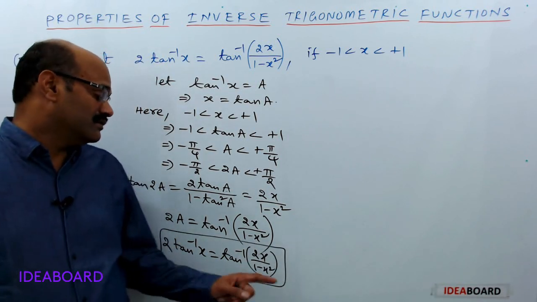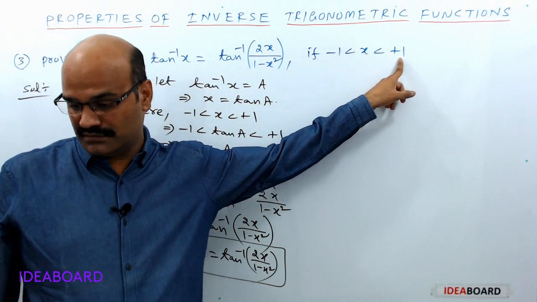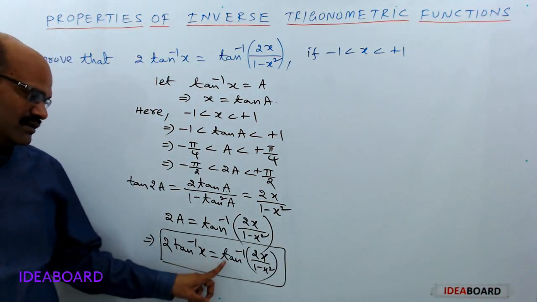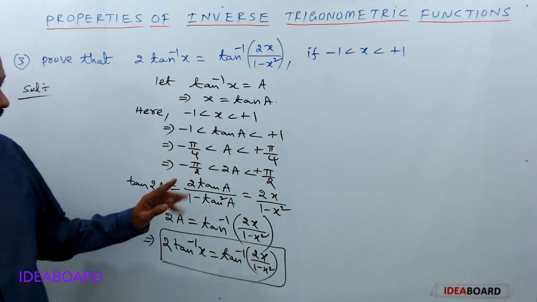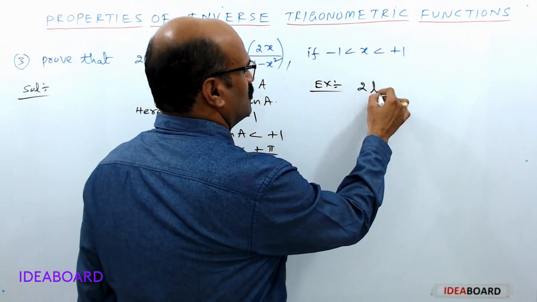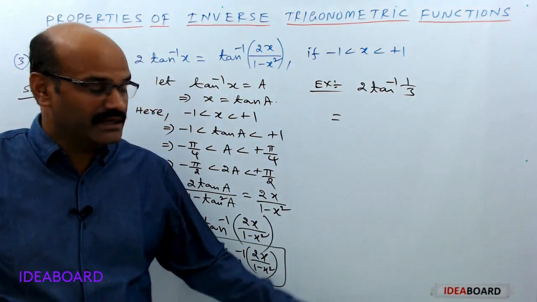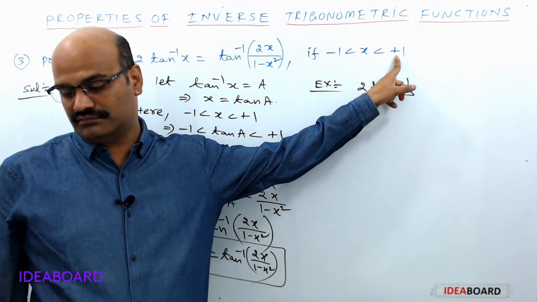So whenever x lies between minus 1 and plus 1, we have to take 2 tan inverse x equal to tan inverse of 2x by 1 minus x square. Now, example: 2 tan inverse of 1 by 3. Here 1 by 3 lies between minus 1 and plus 1.